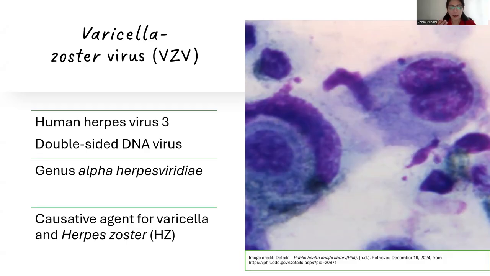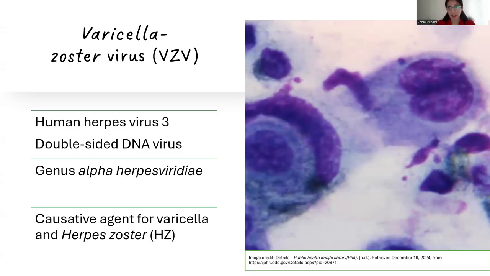So, we know in literature there is mention of the Tzanck smear test, and they love to put that on exams, but it's not typically done in practice. The reason being, when done, we see multinucleated giant cells as seen in this image here, but it cannot identify which one of these alpha herpes viridae we are dealing with. Is it the varicella zoster virus?